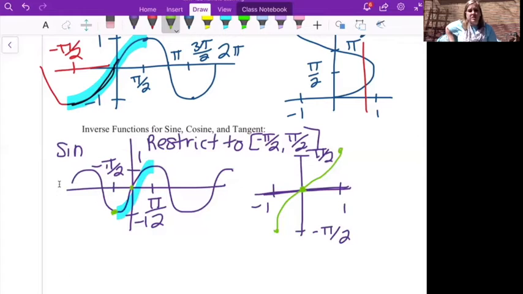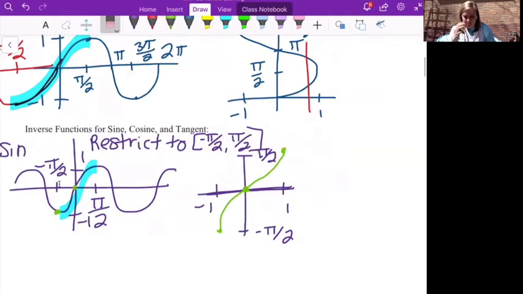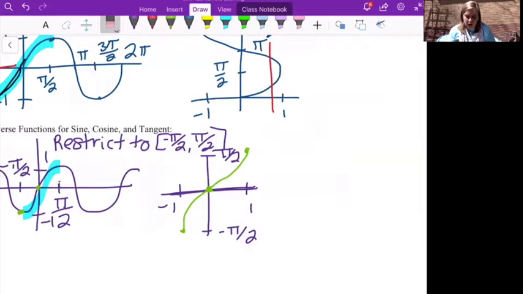And so again, that's just switching our x and our y values, and then we can actually type this into our graphing calculator to sort of see this a little bit better. But this would be y equals sine inverse of x.